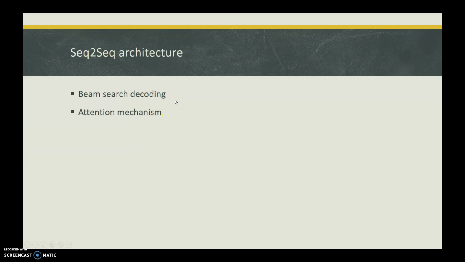In order to have the encoder and decoder, we also have other methods like beam search decoding and the attention mechanism. So what is beam search decoding? Beam search decoding is used to analyze the question and give the best answers.